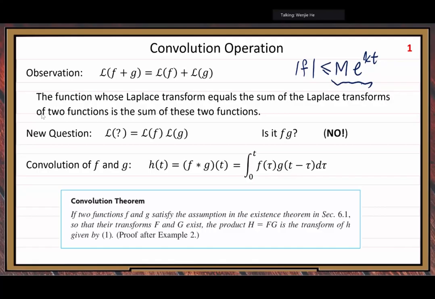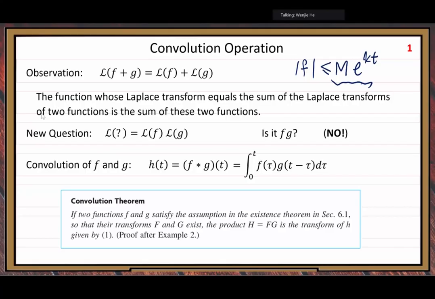So both little f and little g satisfy that special bounding function. So capital F and capital G exist. Then the product: this time we take the product at the capital F, G side, not at the little f, g side.